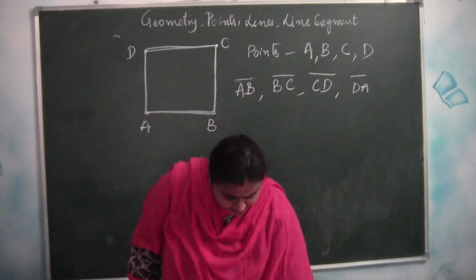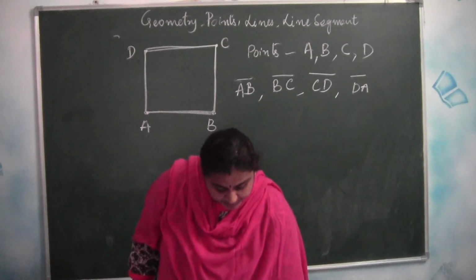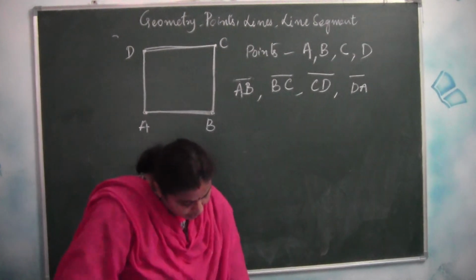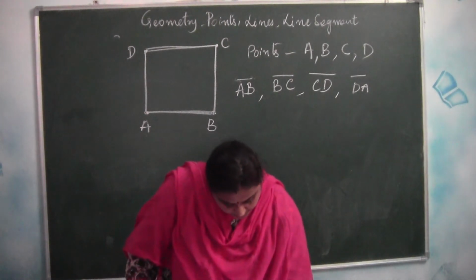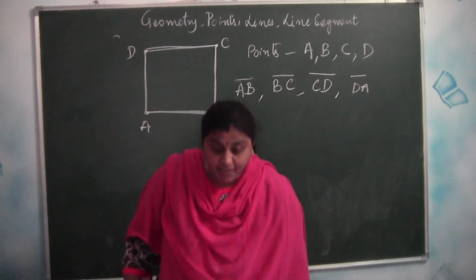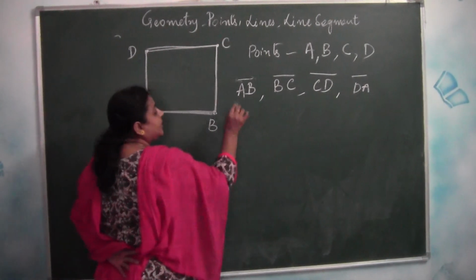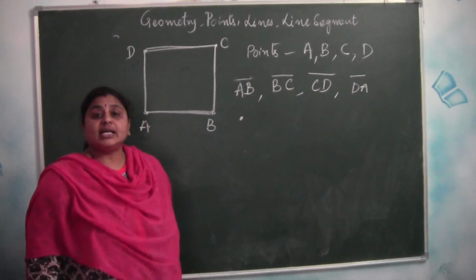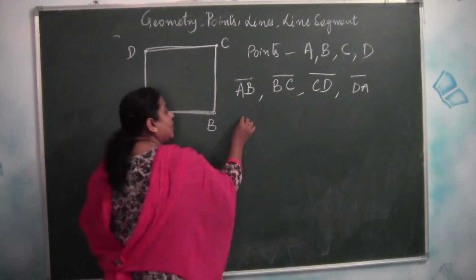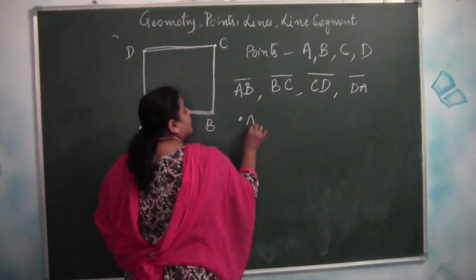Okay, next. I hope you are able to understand. So, with this we have completed your chapter. To give a recap, point is simple. Point is nothing but a dot. And what are we using to name a point?